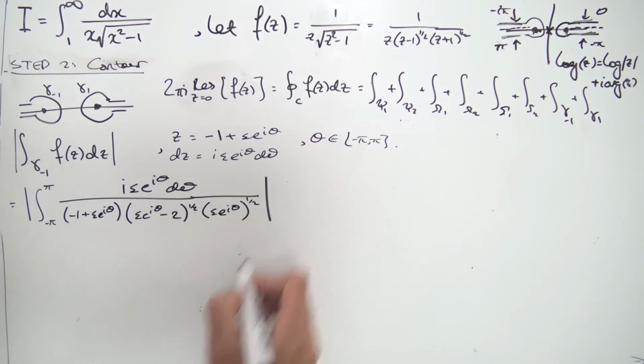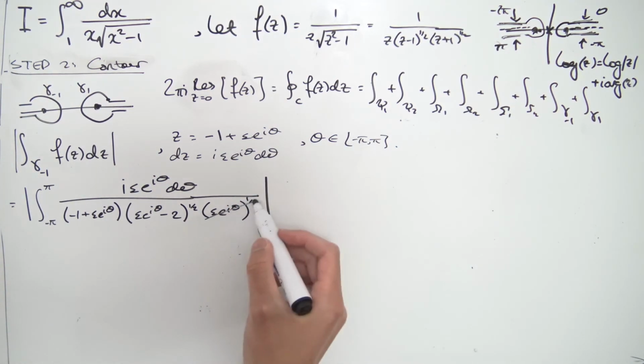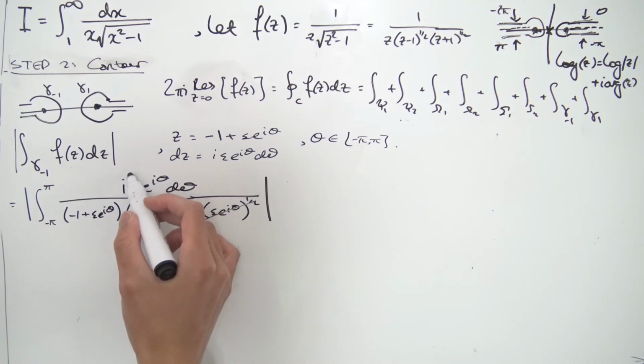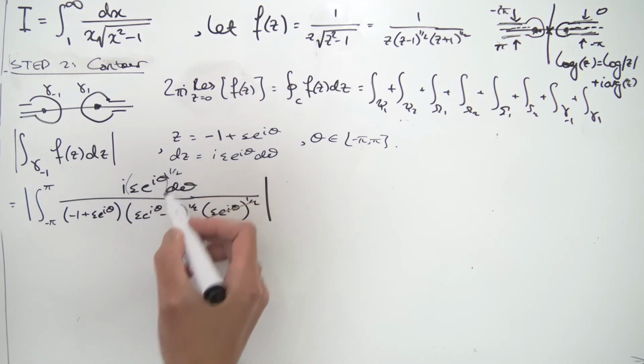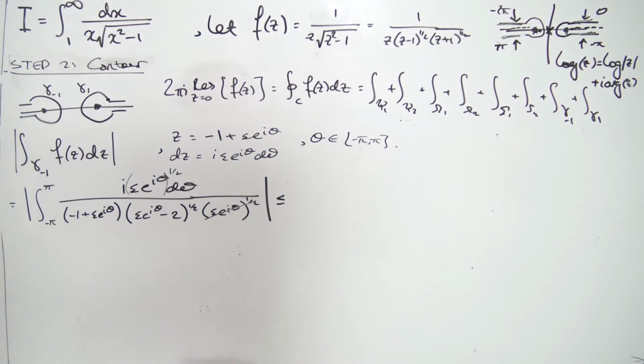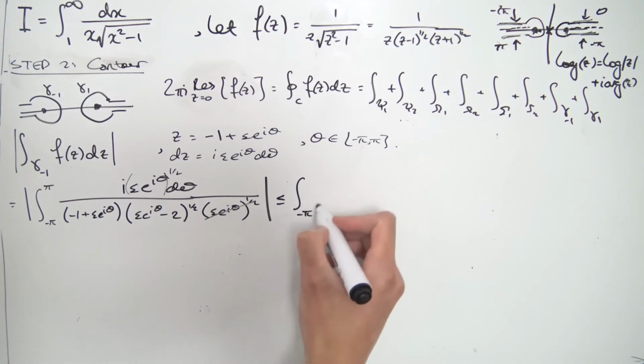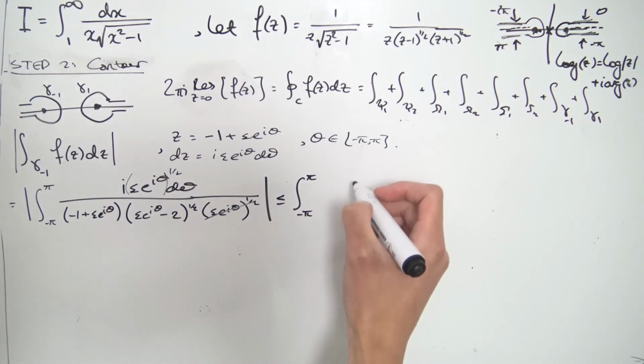End of absolute value. Now what we can do is cancel, let's say, this factor with this, but this is going to be raised to a half power now. And we can use the integral inequality once again to bring the absolute values in. So this is the integral from minus pi up to pi.